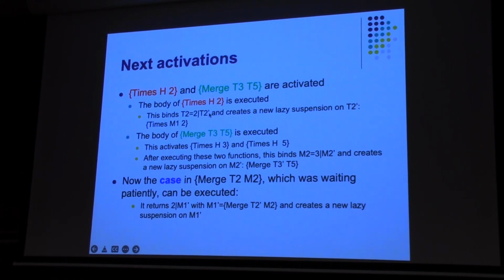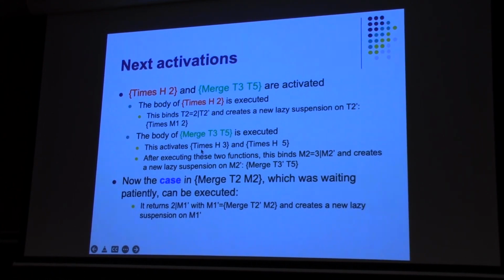So you see what happens. When you activate a lazy suspension, it creates a piece of the value, but it also creates another lazy suspension for later, okay? And the green one also is activated, merge T3, T5. I execute the body of that. That's also a merge. It has its own case statement, and that will cause these 2 more times to be activated. And that goes on.